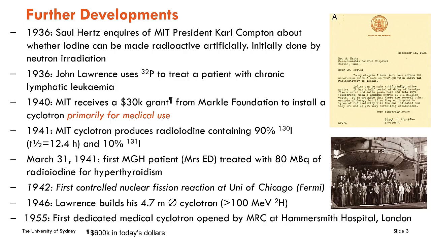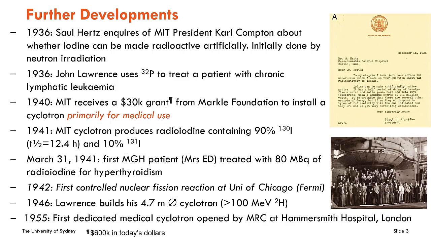Hertz knew that the thyroid gland concentrated iodine, and wondered whether the radioactive iodine could be used to suppress overactive thyroid function. The knowledge about the iodine in the thyroid gland had been known since the 1850s and 60s, but Hertz was the first to conceive of this thought to use a radioactive iodine.